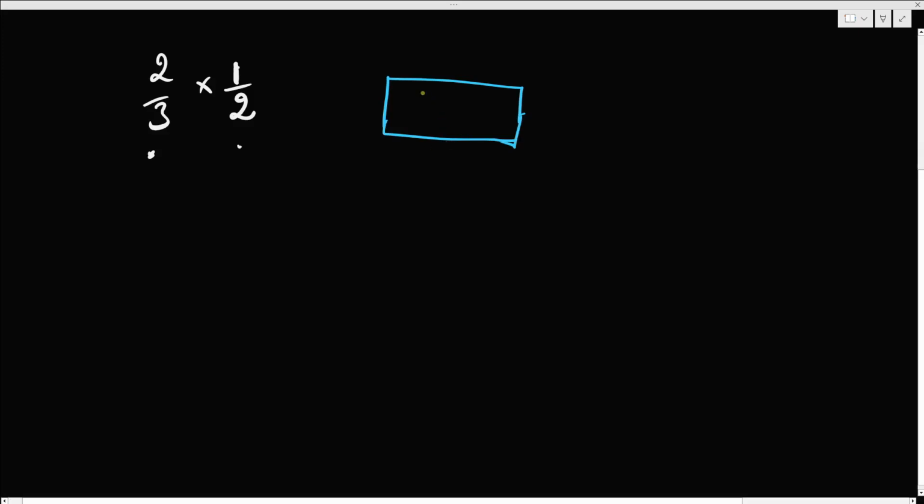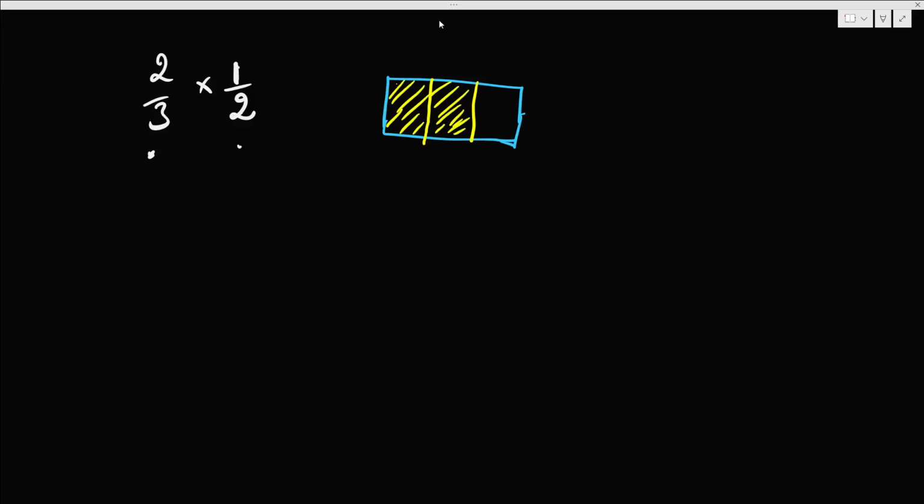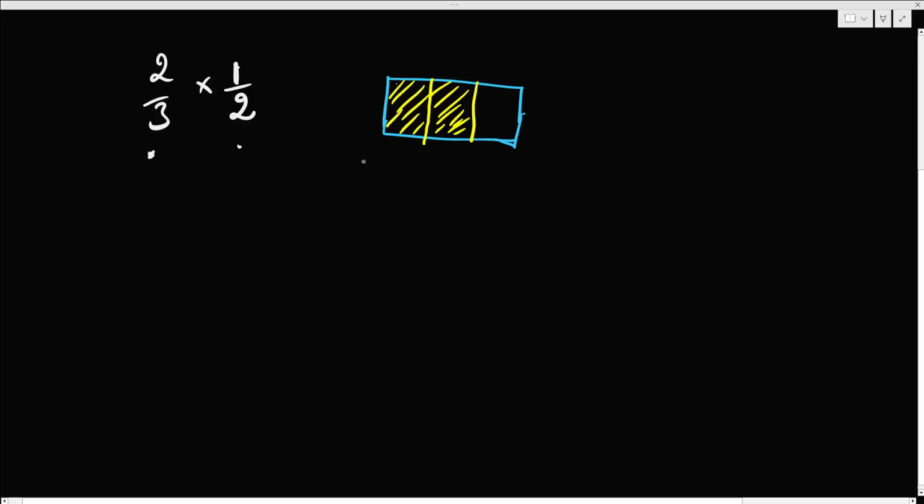Now divide it into three equal parts. This is 2/3. Now take half of this 2/3.